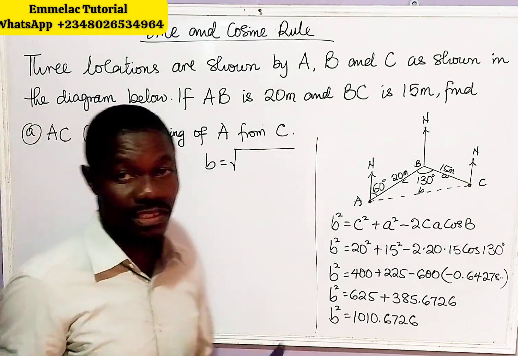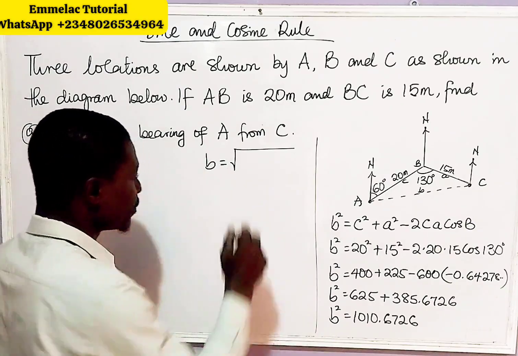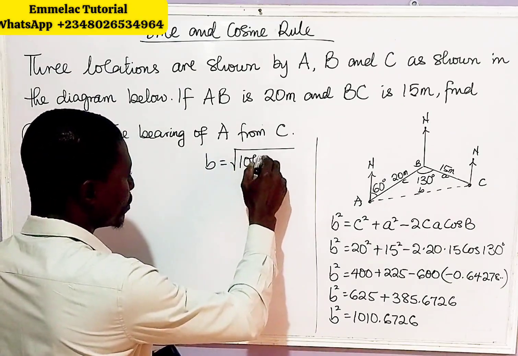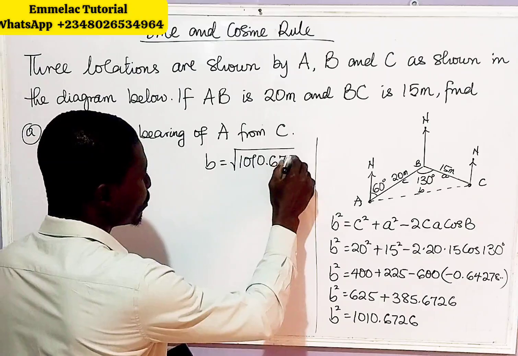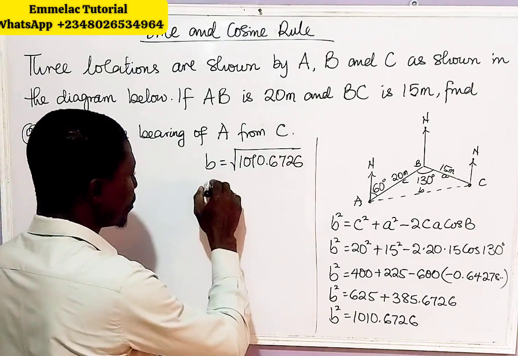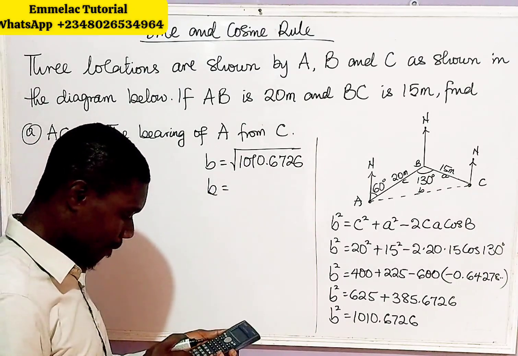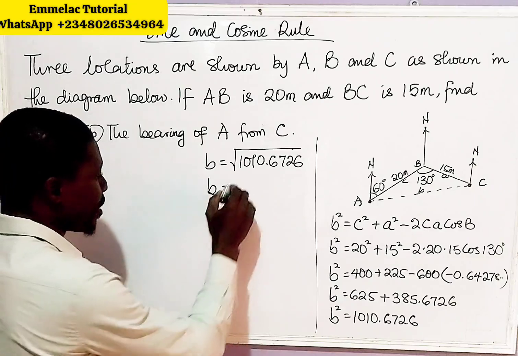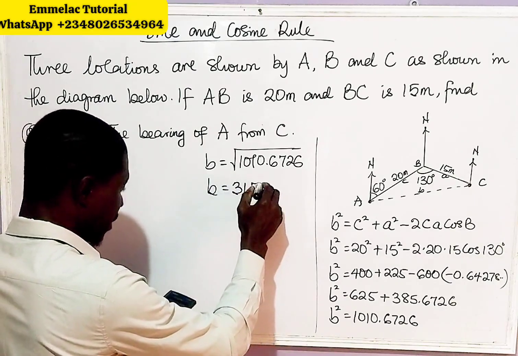We will neglect the negative aspect of the square root and concentrate on the positive. So here you have the square root of 1010.6726, so our b here will then become 31.79.